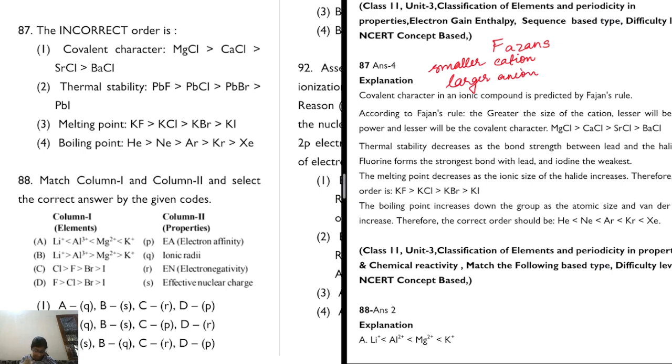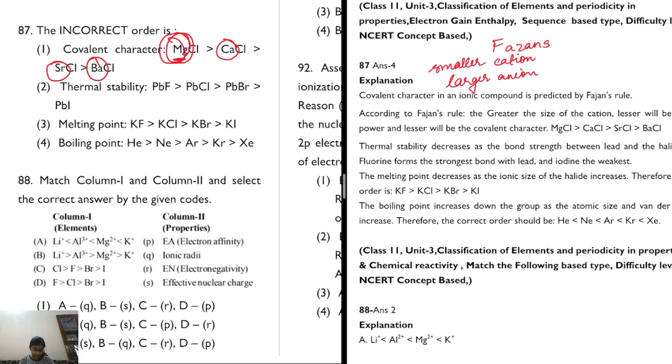Here these are group two elements, alkaline earth metals. Out of which the smallest is this, therefore it will have the most covalent character.